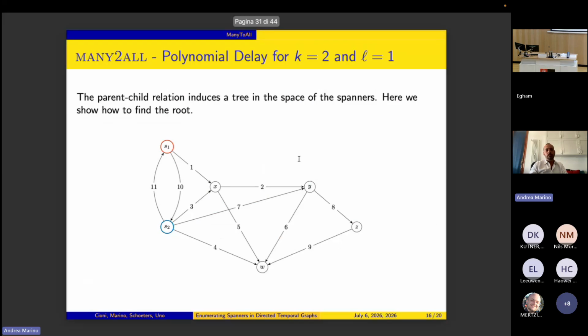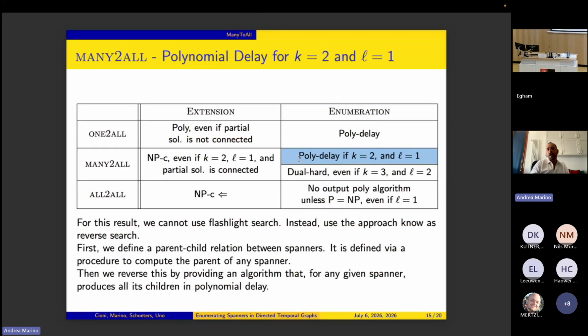And so the algorithm proceeds just using this neighboring rule. You are navigating this graph of solutions, passing from one solution to the other, like you would do in a depth-first search. There are some additional details to get memory polynomial, but I'm skipping these. I can tell you more if you're interested.